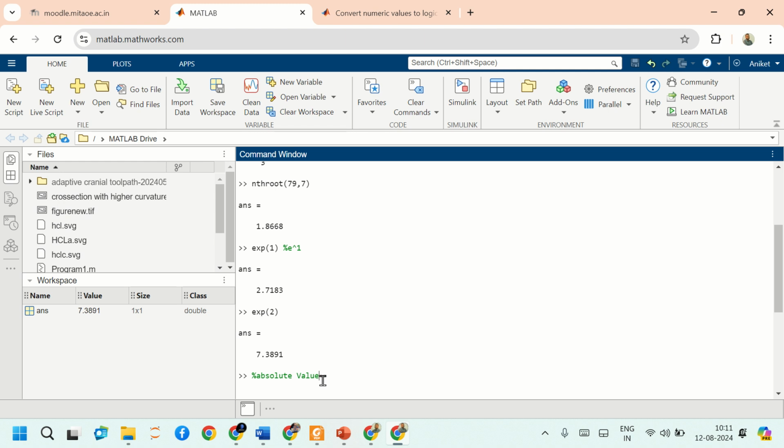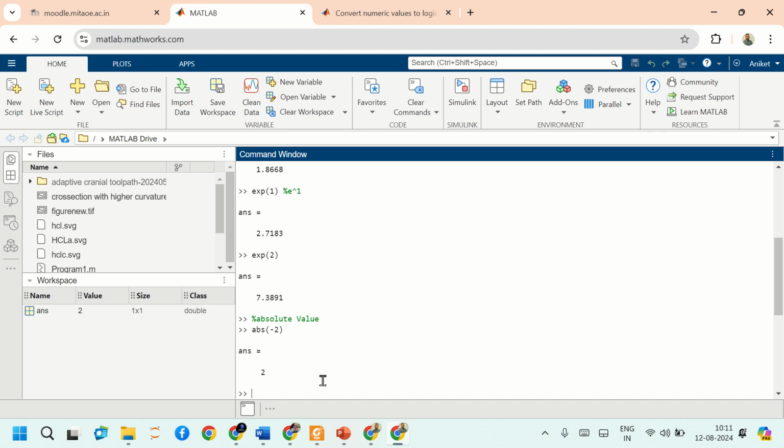What will be the output? It will remove whatever sign we have. It will give the absolute value for that particular number. So let's say absolute of minus 2. The answer will be 2. So this is how you can use absolute values. Hope you understood the absolute function.